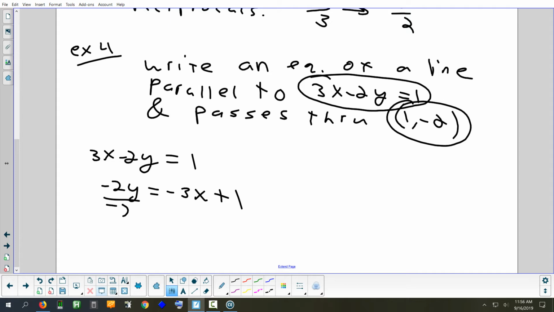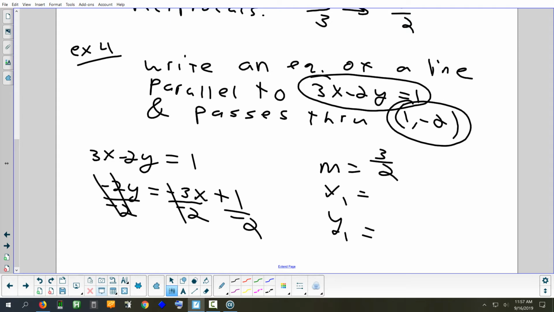Yep, divide by -2, everywhere. That's gone, that's gone. Now my negatives here cancel. So what's my slope? Yeah, 3/2, just 3/2, no x. Okay, so my slope is 3/2.